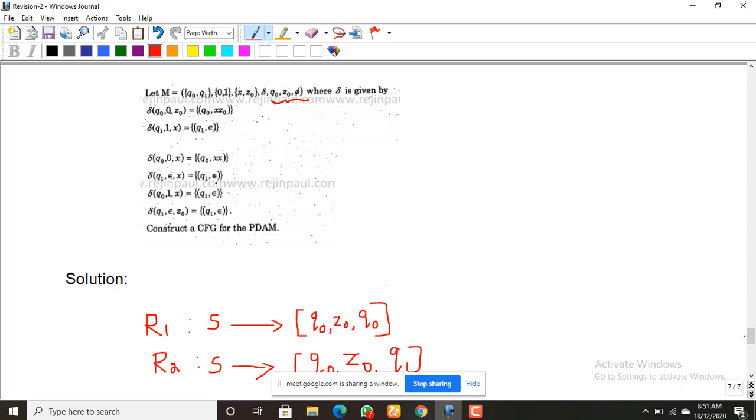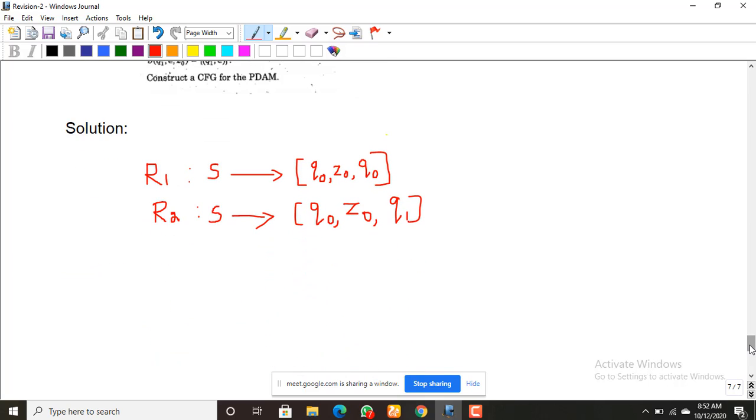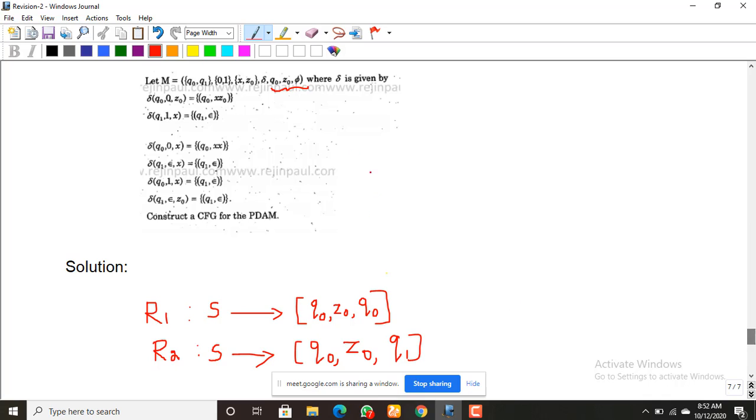So the basic rules, r1 and r2, are enough. If the number of states were three, q naught, q1, q2, you would have to write one more rule, r3, but it is not needed here. So the basic rules are done.